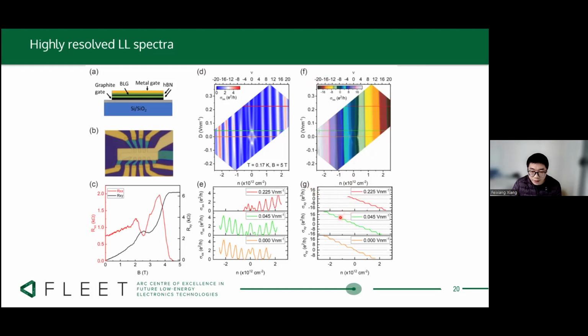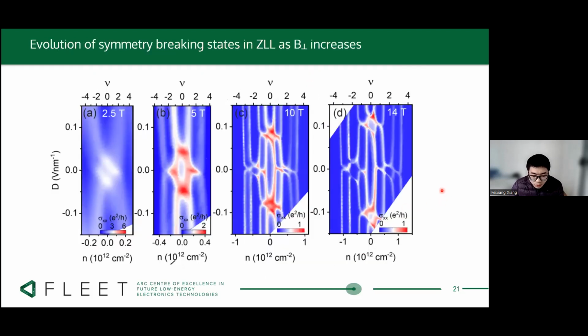We can see very quantized sigma xy. With the highly resolved Landau level spectrum, we first trace the evolution of symmetry broken states in the zero Landau level as the magnetic field increases from 2.5 Tesla to 40 Tesla.